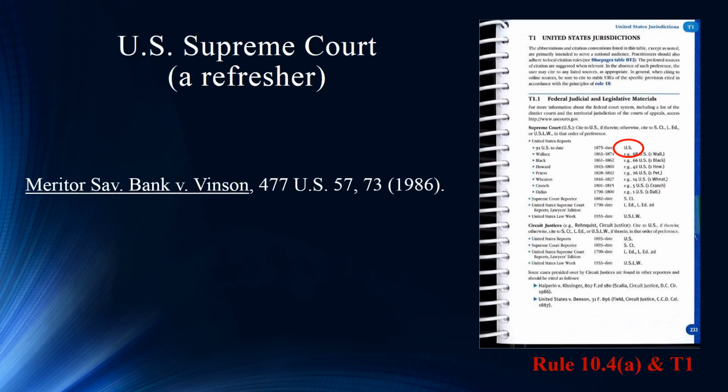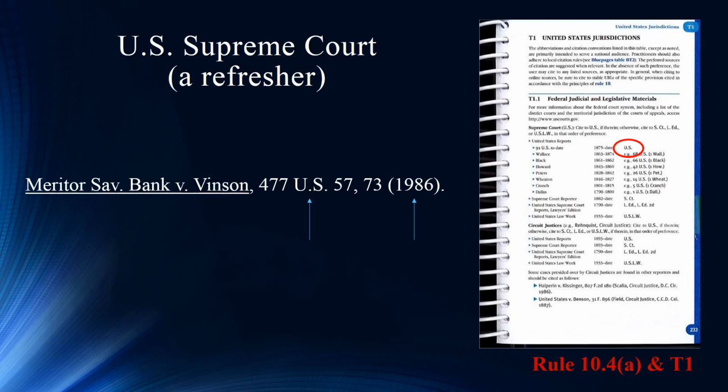Vinson is to the U.S. Reports. This is indicated by the U.S. abbreviation. Also note that there is no court identity information in the parentheses with the year of the court's decision.